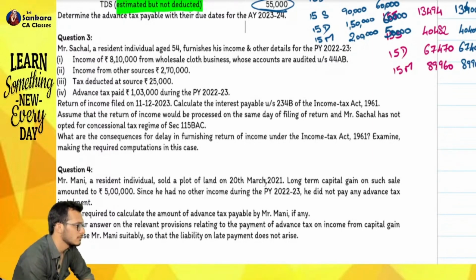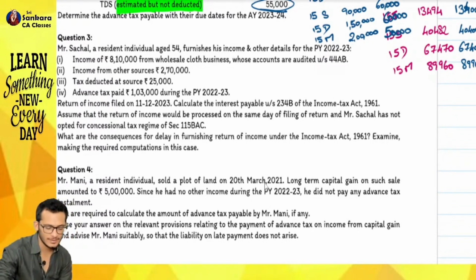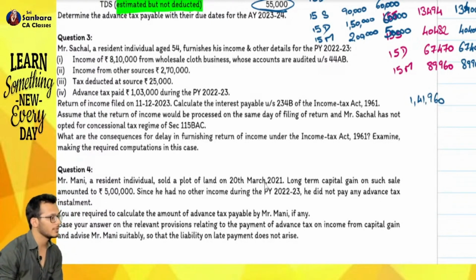Oh, sorry, my number is wrong. 1,12,500 plus 24,000. 1,36,500 will be your tax liability. Add cess on it. 1,41,960 is the total tax payable.